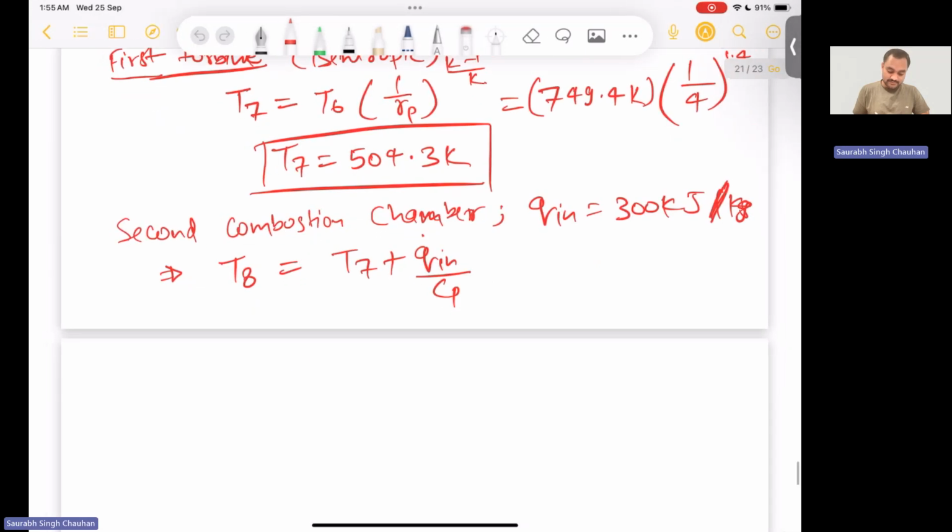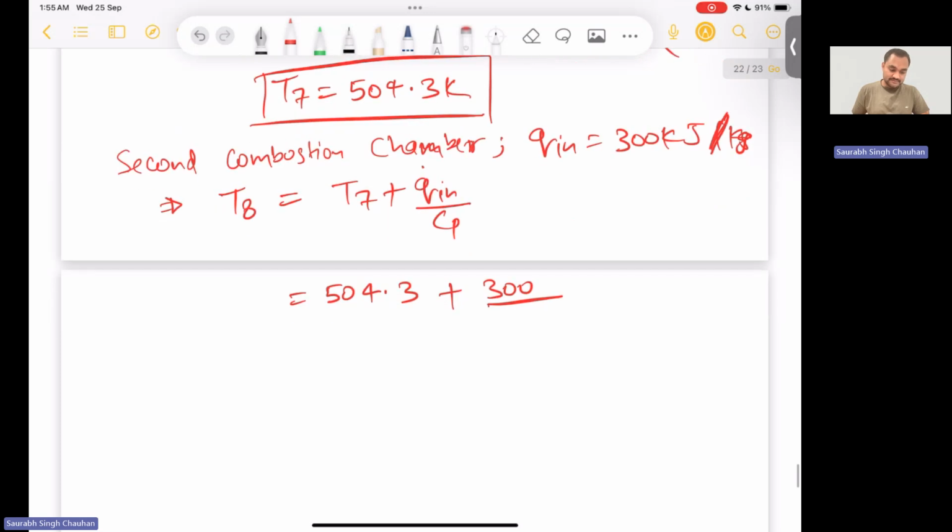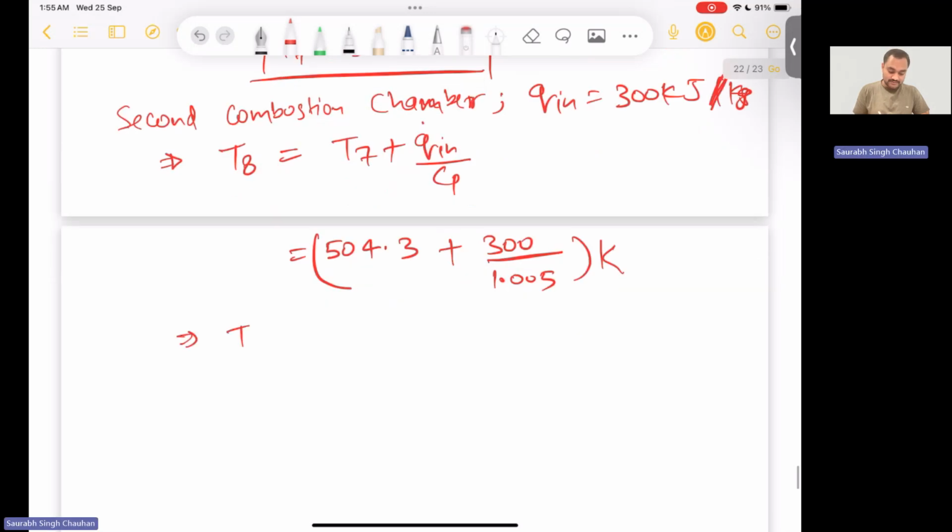T7 is 504.3, plus 300 kilojoule per kg divided by the specific heat, 1.005. So T8 is equal to 802.8 Kelvin.